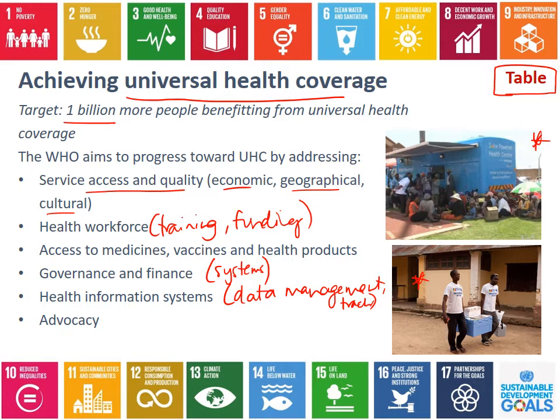Advocacy as well, so basically just providing kind of education and support to countries. And that kind of feeds into that as well, providing specific support to countries that need it the most. And often this is our low and middle income countries because of things like not having good governance, not having health information systems, not having access to things that they need to run a good healthcare system.